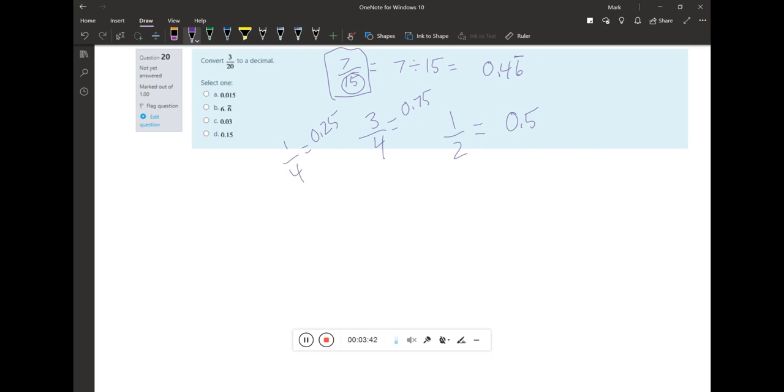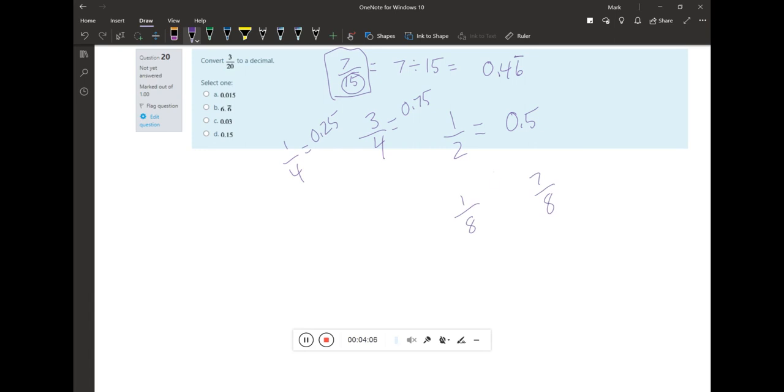So we start to recognize the more common ones. If you're in the trades and you're doing measurements with inches and quarter inches and eighth inches and stuff like that, you might start recognizing what an eighth or 7/8 is, and it ends up being in between.